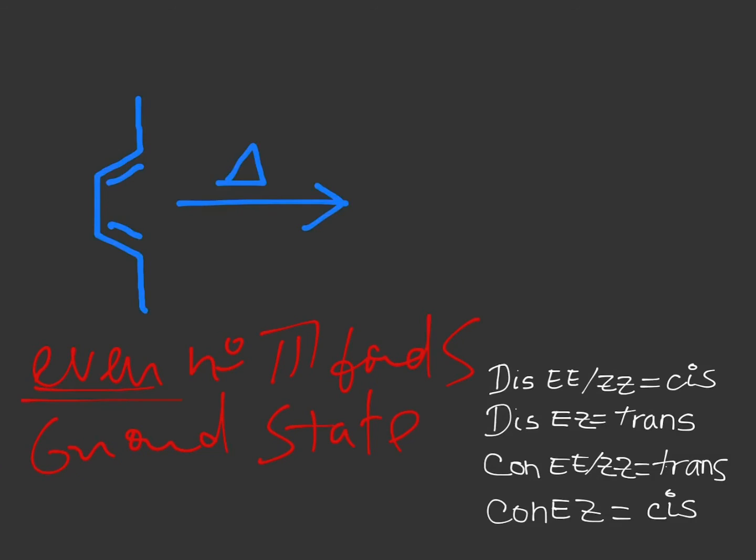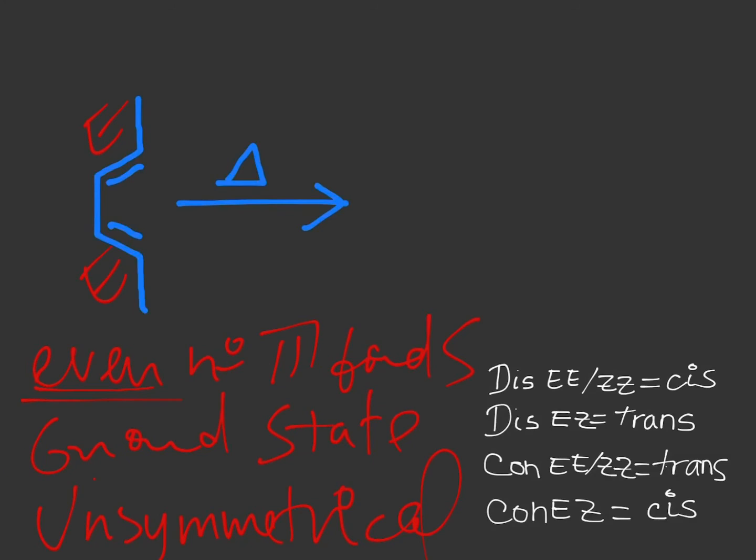Because it is even, it is in the ground state, we know that the molecule is unsymmetrical. When we look at our molecule, in this case we just have the lateral ones, so we have the EE configuration, and we look at our table.